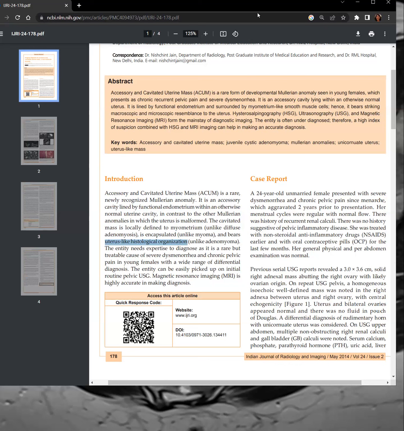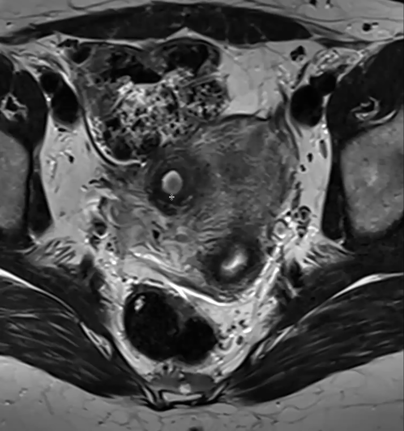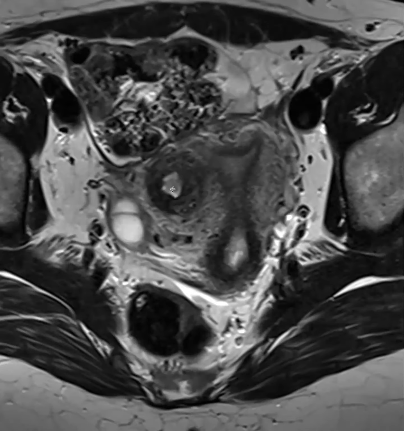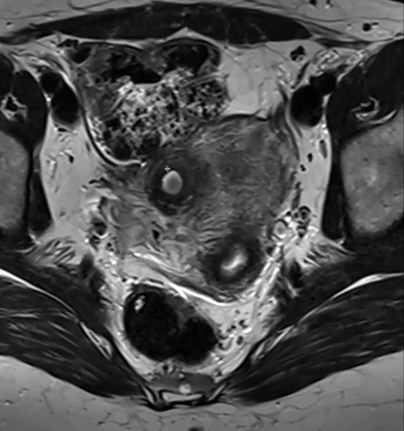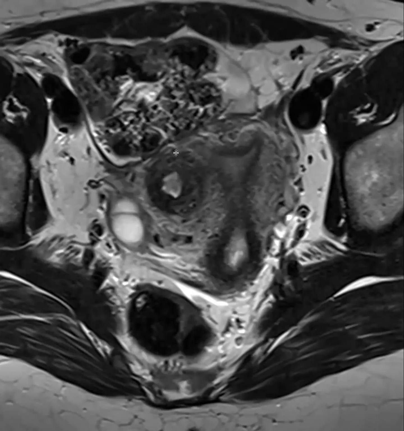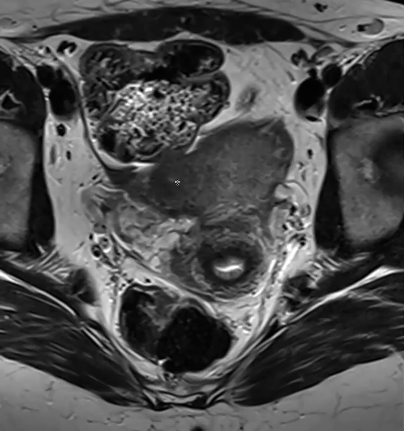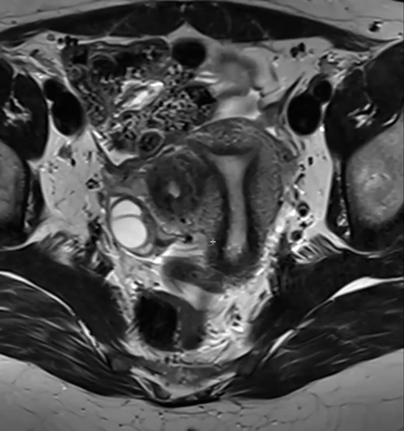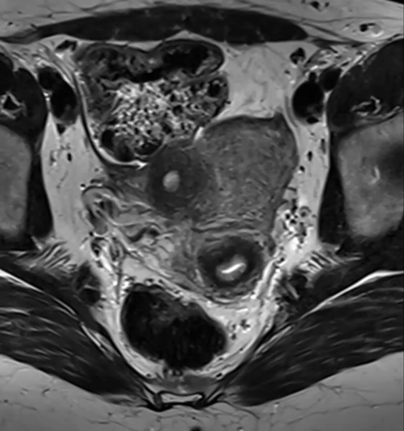So let's go back to the imaging because it meets all that criteria. This is the endometrium, and that has blood products, and this is a junctional zone equivalent, and this is the myometrium. But it's completely closed off, so it can cause pain with menstruation.